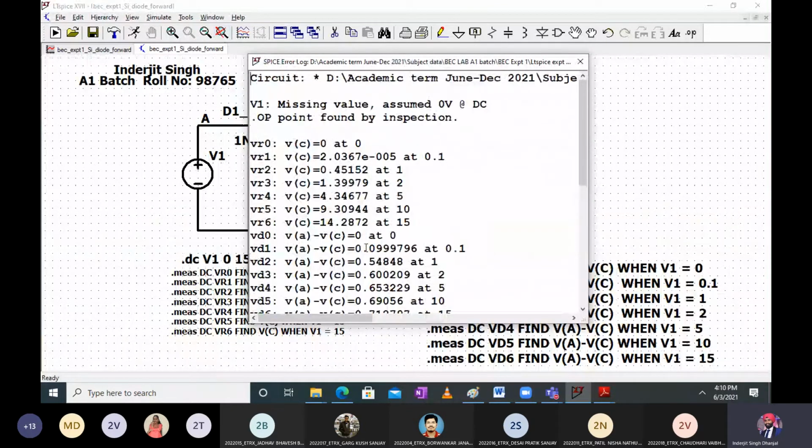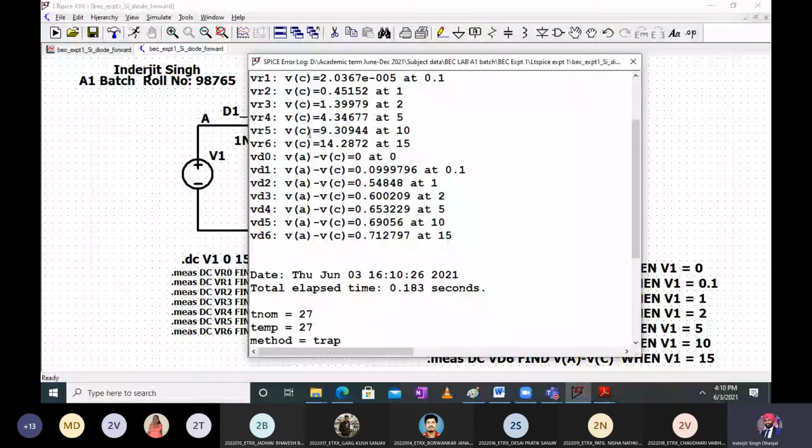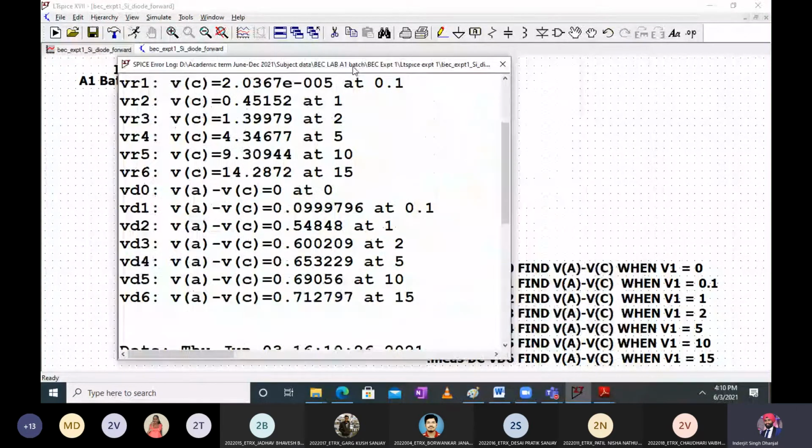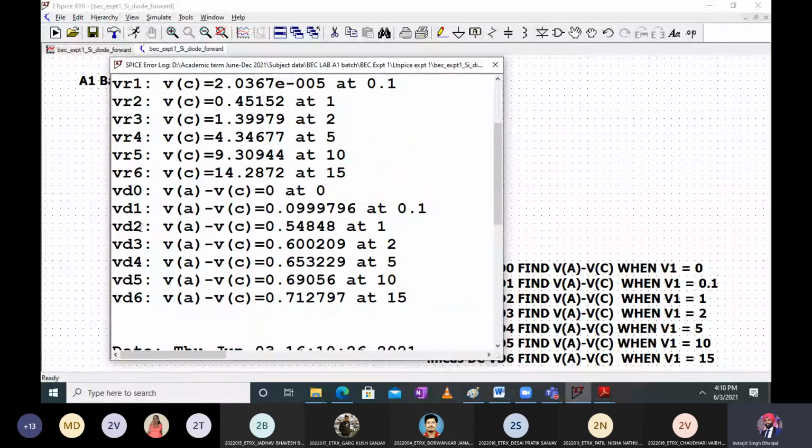This is the diode voltage. At 0.1, your diode voltage is 0.099. At 1 volt, it is around 0.5848. At 2 volts of supply voltage, the diode voltage is 0.6. At 5 volt, it is 0.65. At 10 volt, the diode voltage is 0.69. And at 15 volt, it is 0.71.